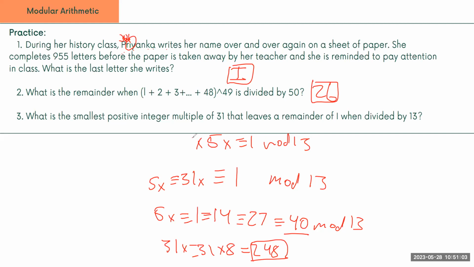Which means that if we multiply both sides by 8, this just gives us x equals 8, congruent to 8 mod 13. So look up modular inverses if you want to learn more about that.